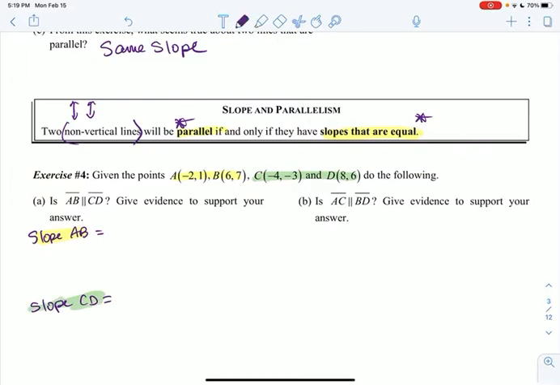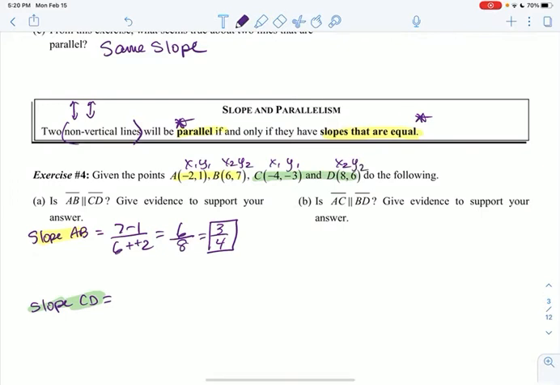Let's look. x1, y1, x2, y2. So 7 minus 1 and 6 minus negative 2. 7 minus 1 is 6. 6 minus negative 2 is actually 6 plus 2. And both of those are even numbers. They are divisible by 2. Then I'll find the slope of CD.